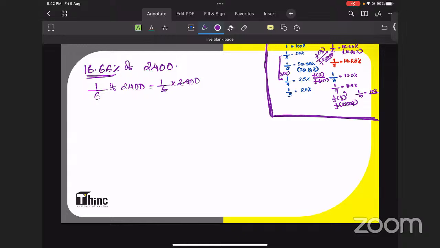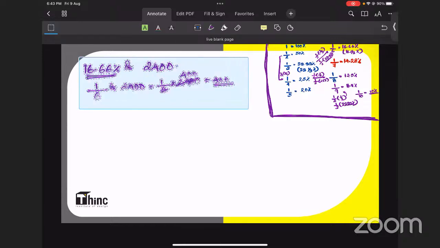Cancel this, and you get 400. 6 into 4 is 24. So the answer is 400. That is how we are finding 16.66% of 2400. We can do another question.